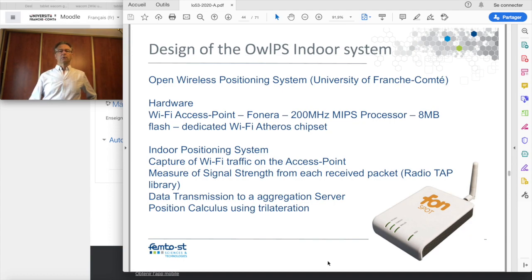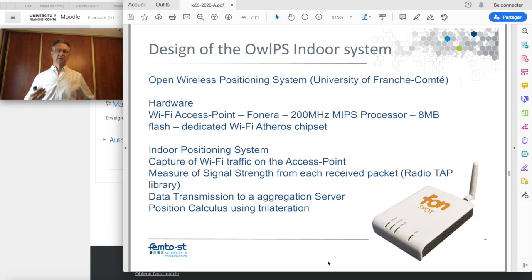So now let's take a little time about a system we developed at the lab, which is called Open Wireless Positioning System, which is OWLPS. It is made of Fonera Wi-Fi access points, including a MIPS processor with 200 MHz frequency and only 8 MB of flash for all the system.